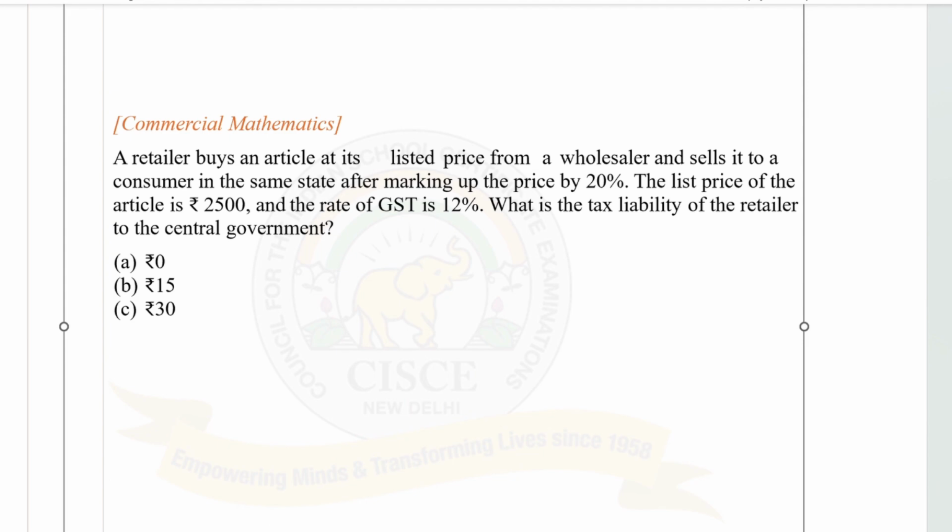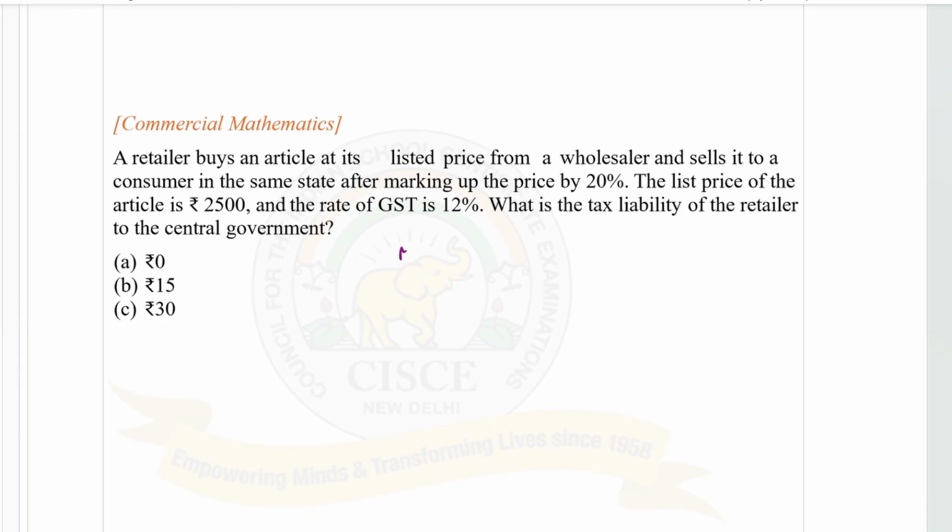Marked price is given. How much? 2500. And the retailer sells it to the customer, marking up the price by 20%.